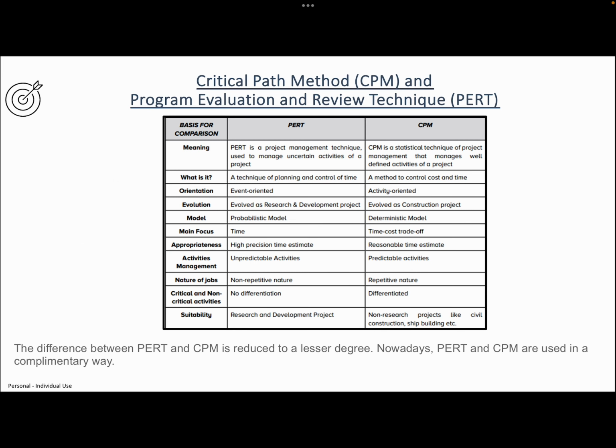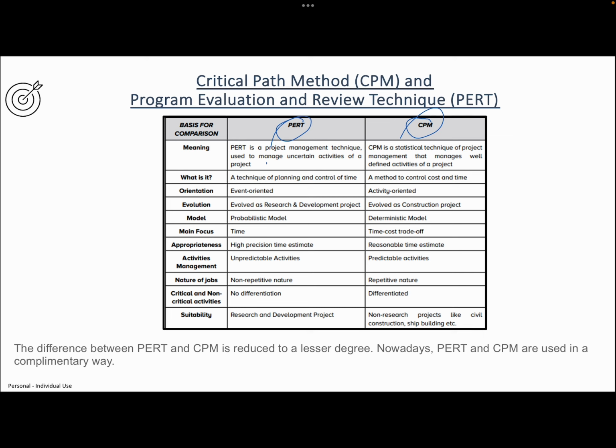As I initially told, the basic difference between CPM and PERT is about estimations. PERT is more based on estimation, and CPM is more deterministic numbers. Here are a few more differentiations, but everything will be based on the estimation methodology.